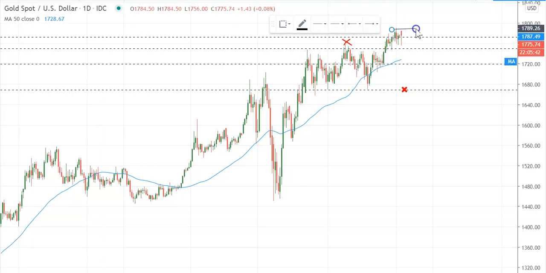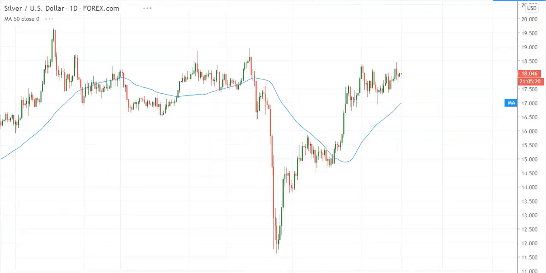I've got a pending order consideration just up here. I haven't put it in yet, but I'm looking at possibly putting that in today and trying to trade it up to 1800. I'd just be very careful with it. I'll only be taking a couple of small lot sizes.